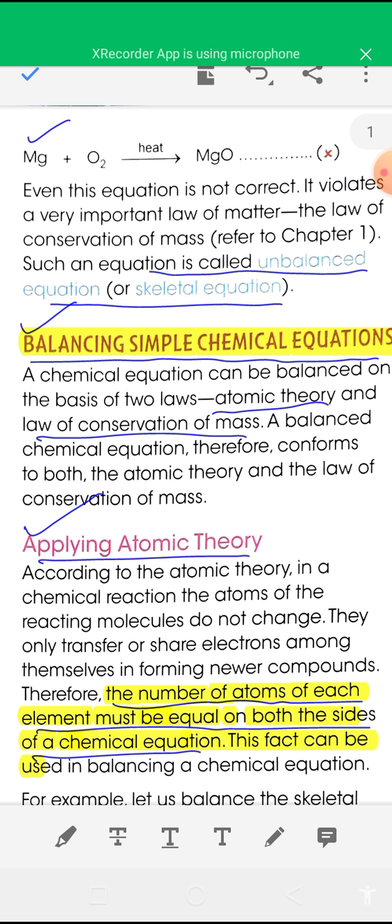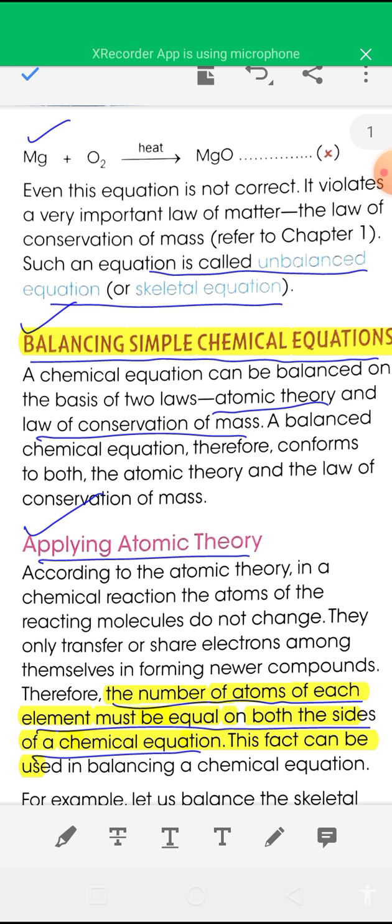Now see this reaction. In this reaction, the number of each atom on both sides of the arrow is not equal. On the left side one magnesium, on the right side one magnesium, but on the left side two oxygen atoms. One oxygen molecule means two oxygen atoms, but on the right side only one oxygen atom. So this is not a balanced equation.